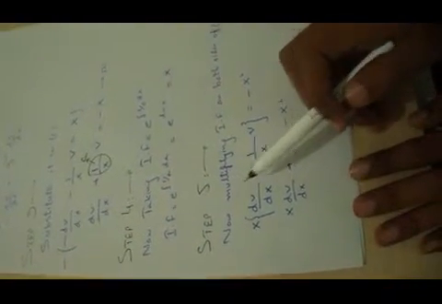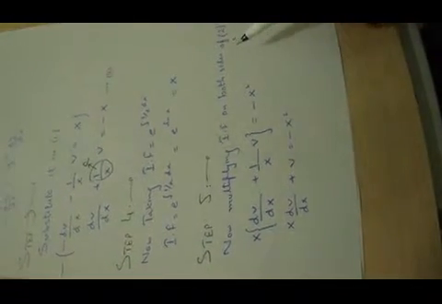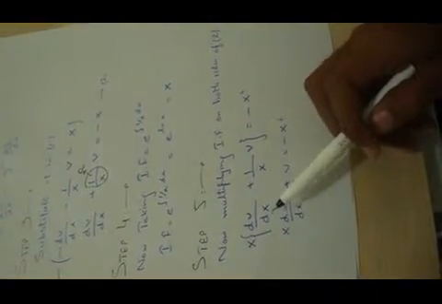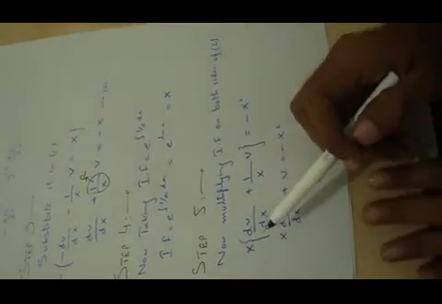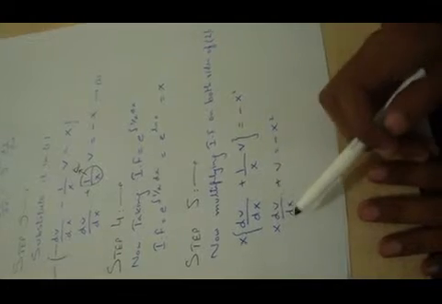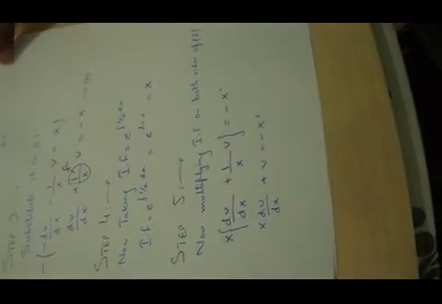Step 5 is multiplying the integrating factor on both sides of equation 2. After multiplying, we get x dv/dx + v = -x^2.